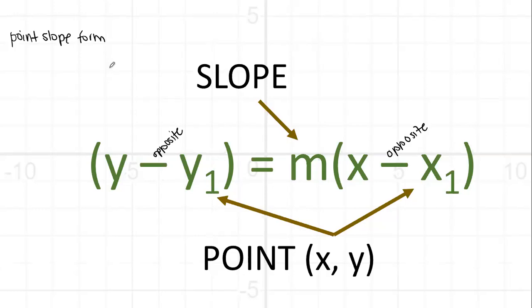So let me write down a formula. Y minus 3 equals 1/2 x plus 4. So every time I would give you something in point slope form, it's important that you understand two questions.